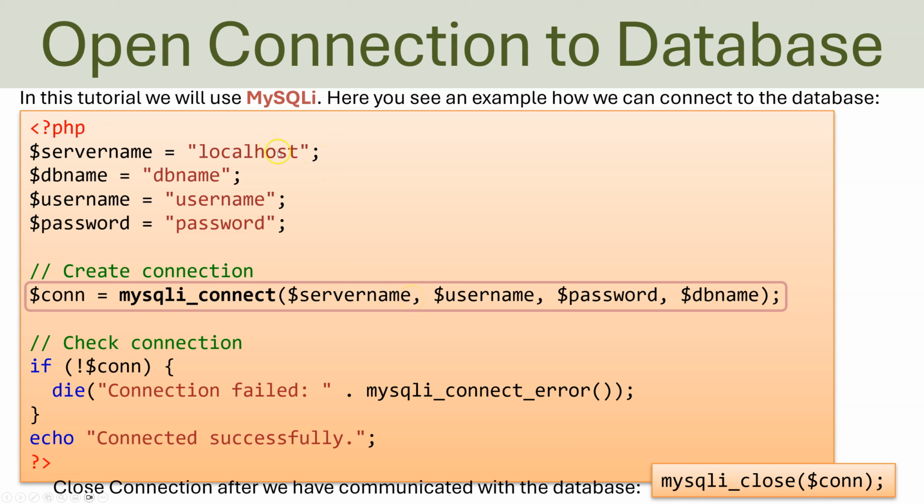If the server is on the same computer as PHP, you can just use localhost. If not, you need to specify the server name here. In addition you need to specify the username, password, and the actual database, because you can have multiple databases, and for that specific database you need to specify the username and the password. So basically use mysqli_connect in order to connect to your MySQL database.